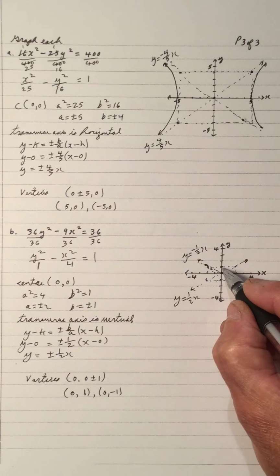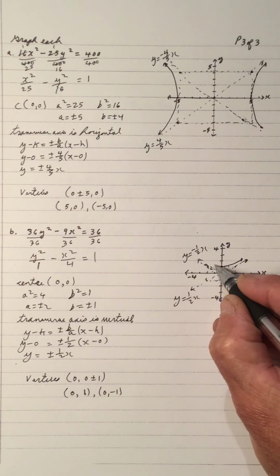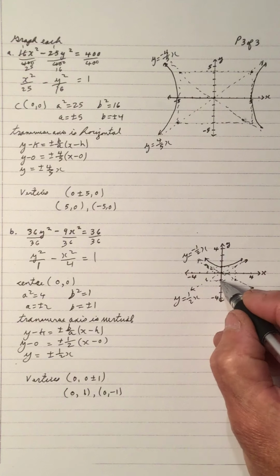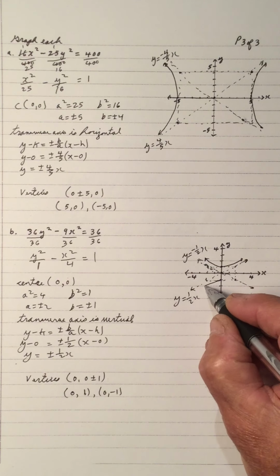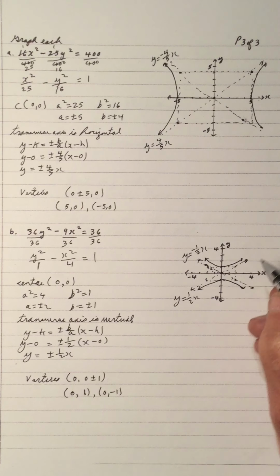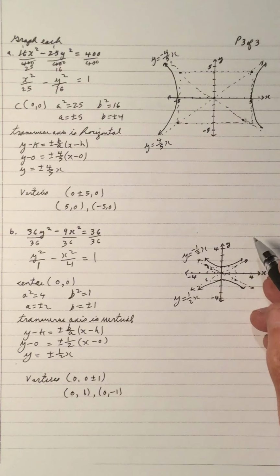And the vertices are (0, 1). Notice it's cutting the y-axis, which is the vertical. And this one is here. Again, notice this one is cutting the horizontal axis, and this one is cutting the vertical axis.